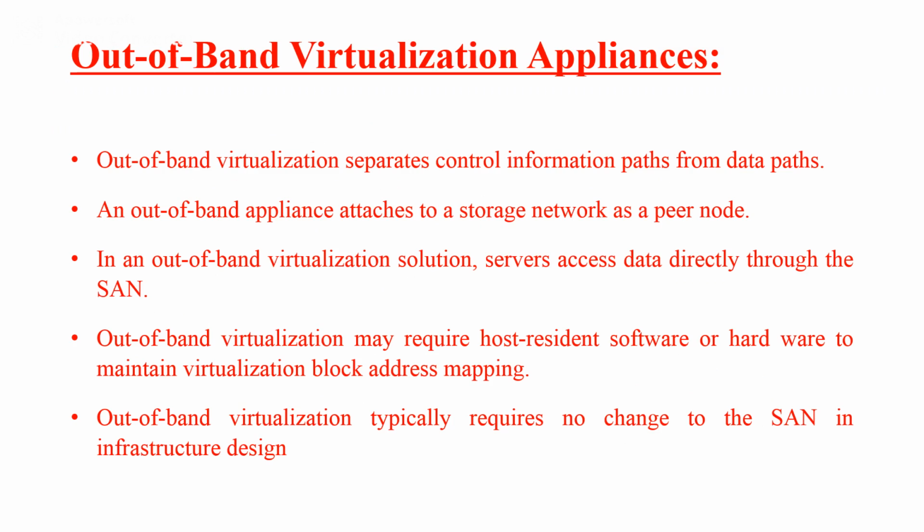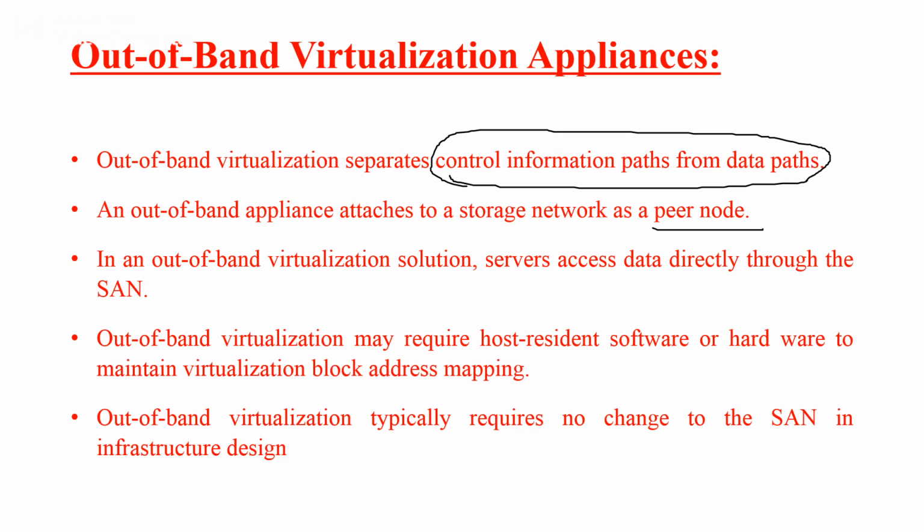As I mentioned before, out-of-band virtualization separates the control information path from the data path. An out-of-band appliance attaches to the storage network as a peer node.